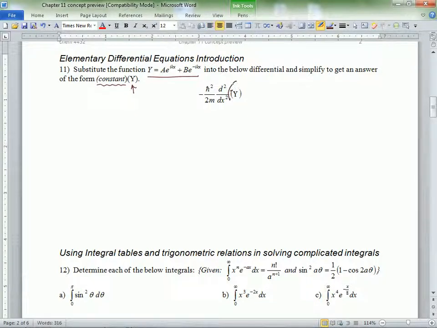I'm just going to write the whole thing out. This is going to be negative h bar squared over 2m, the second derivative, and substitute in my function: A e to the i kx and B e to the negative i kx.